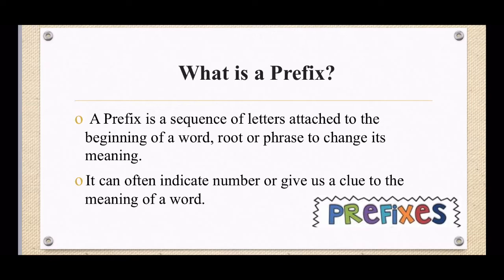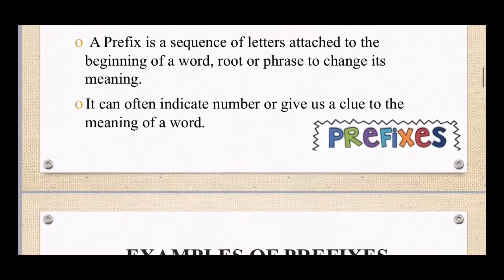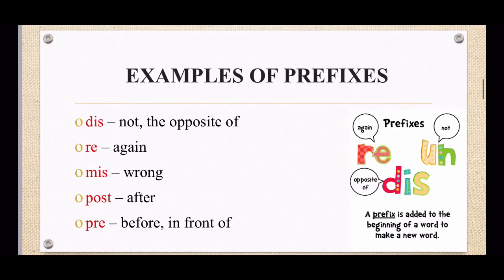A prefix is a sequence of letters attached to the beginning of a word, root, or phrase to change its meaning. Some examples of prefixes were: un, which means not or the opposite of something; re, which means to do something again; and mis, which is the wrong thing.